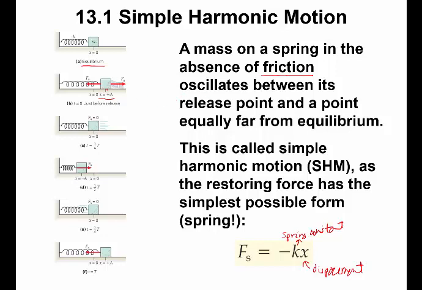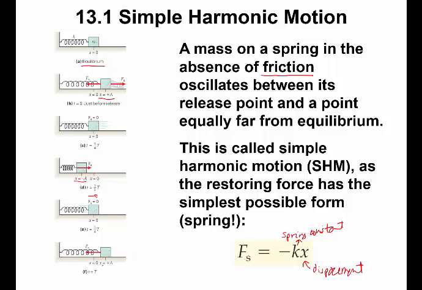We release this, and the restoring force of the spring makes our box move back to equilibrium, but it still has energy, it's in motion, and then it continues to compress our spring until it compresses the same amount as it was stretched initially, that maximum amplitude, maximum x. And then it starts to move back out, and so here we're back to where it was when it was in equilibrium before we stretched our spring.